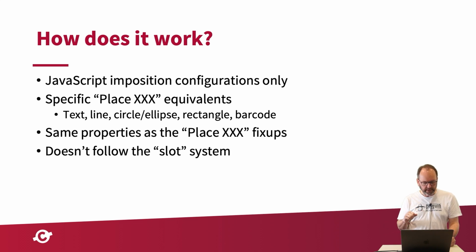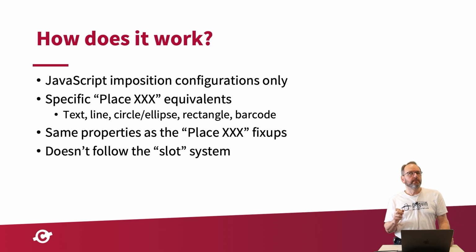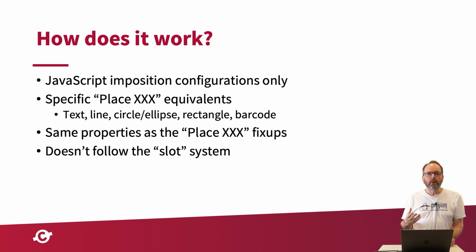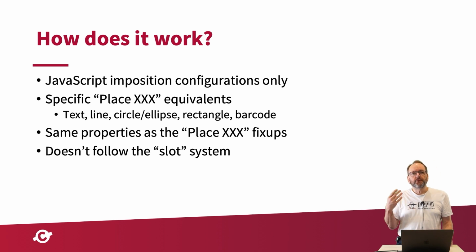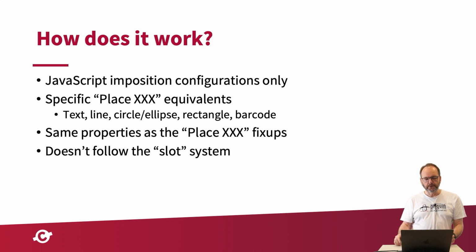The main reason is that they were already more flexible, and they follow the place line, place text, and so on fix-ups. We wanted all of the parameters that you have for these fix-ups to also be available in the Imposition configuration, and that was very difficult to merge with the slot system, so they don't use that. They are independent of slots.